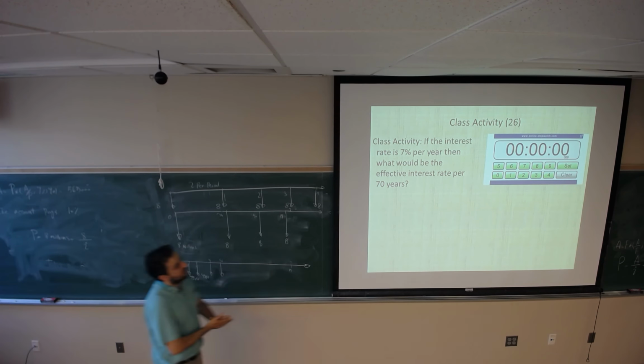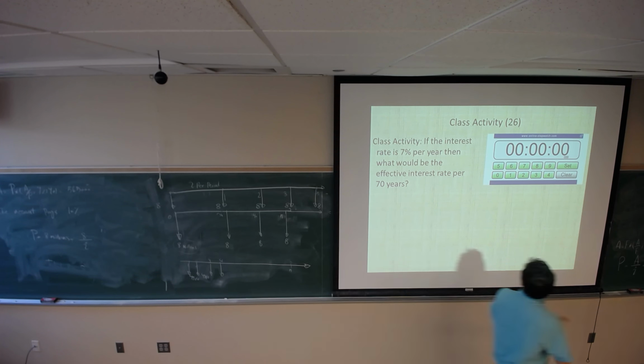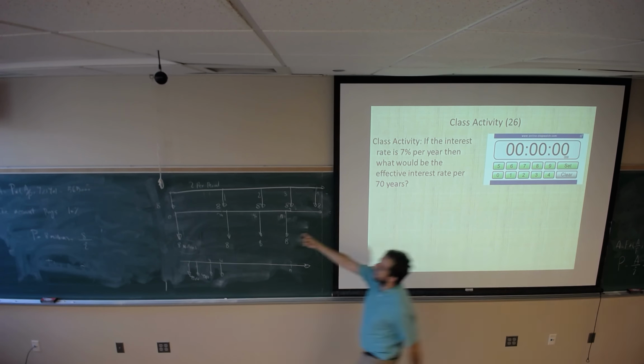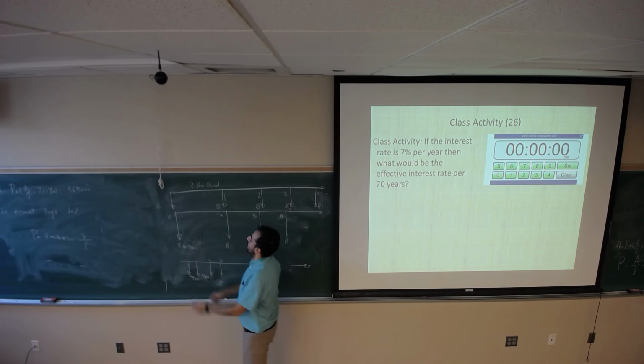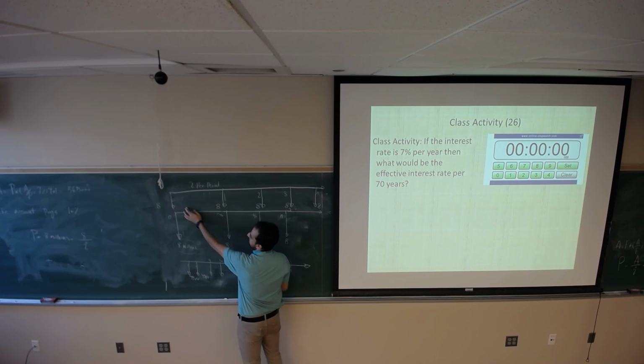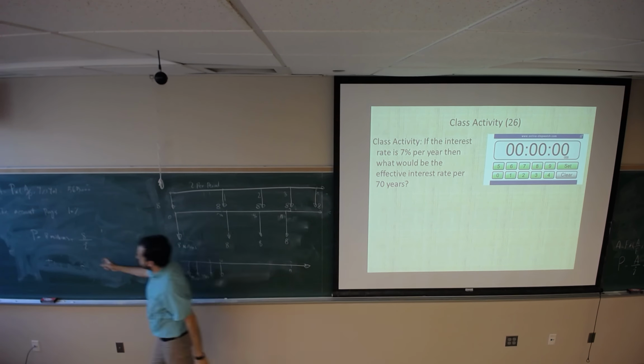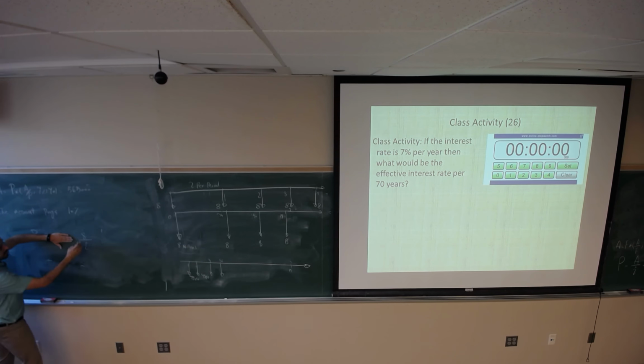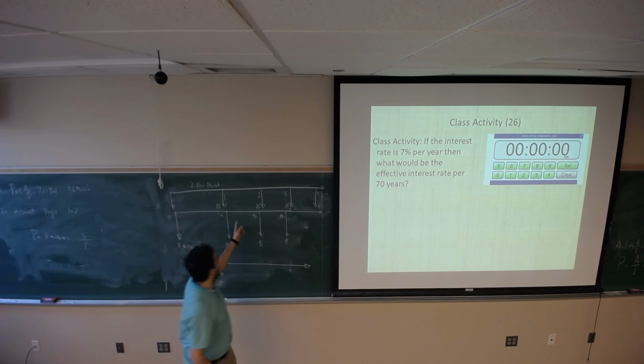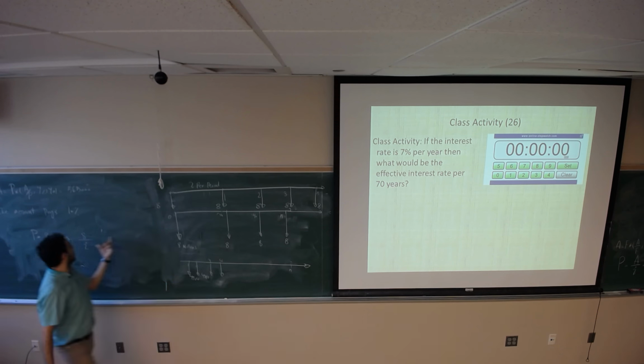So if the interest rate per year is 7%, find me the effective interest rate per 70 years. What should it be? That's I. Then if I know this is the interest rate per period of time, it's capitalized cost, A divided by I. Then I can add it to this 8 million and get the total.